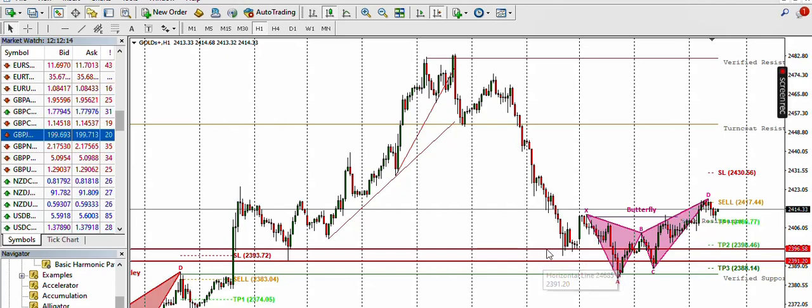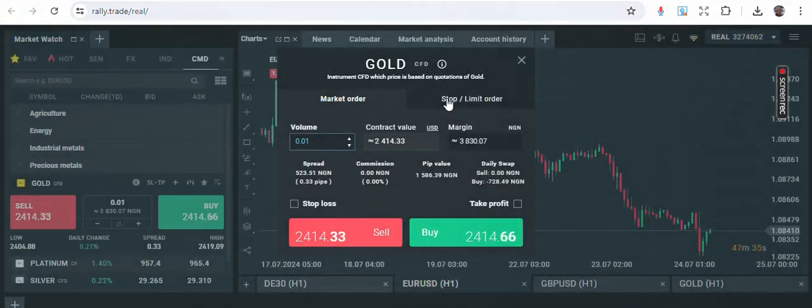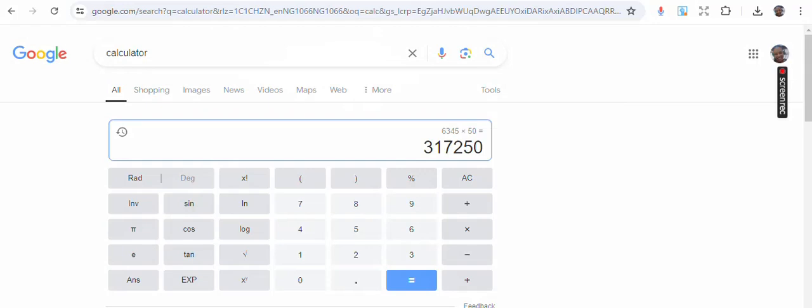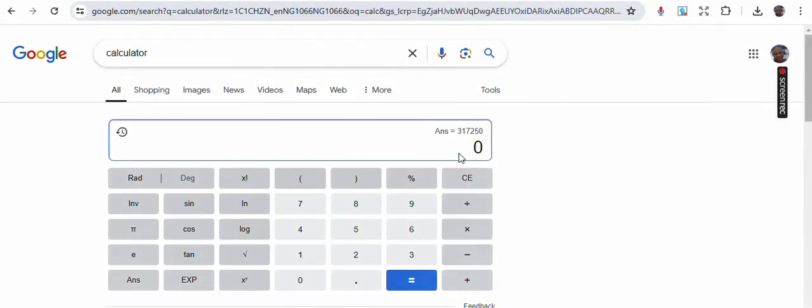From here to this level we just give you 50 pips. So it means that even in the middle of a candle, from here to this level, we just give you 50 pips. So let's go back and also calculate. If 1 pip is giving you 1,586 naira, how much would 50 pips give you? 1586 times 20 pips will be giving you 31,720.